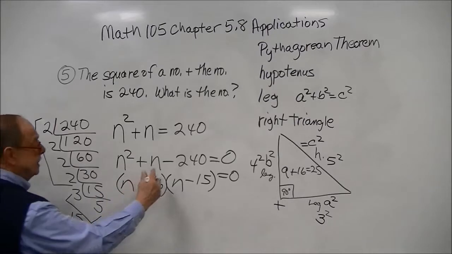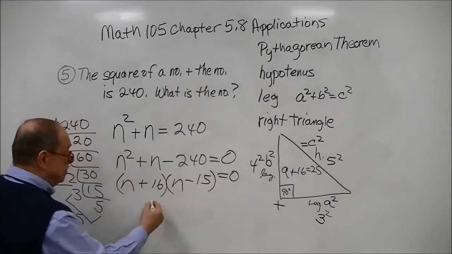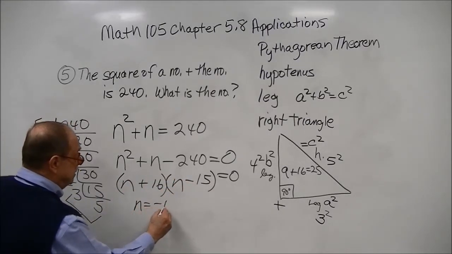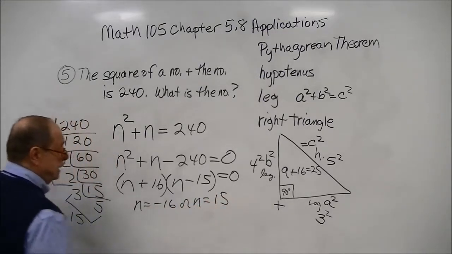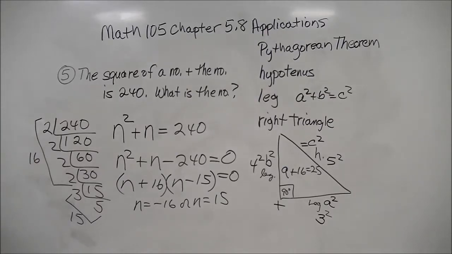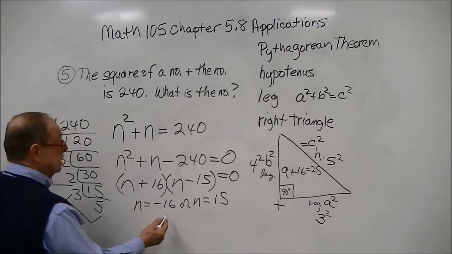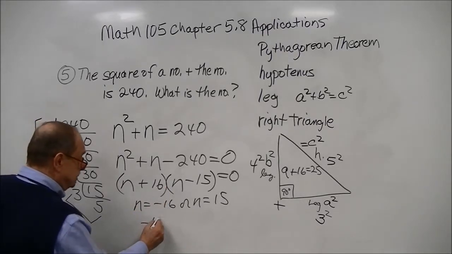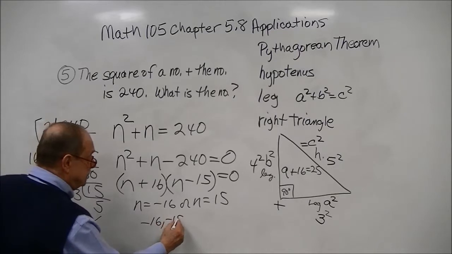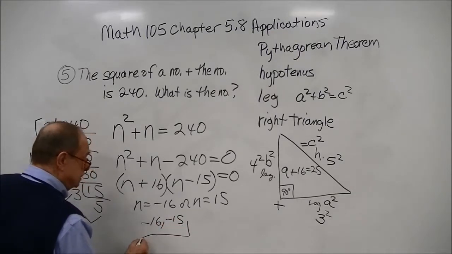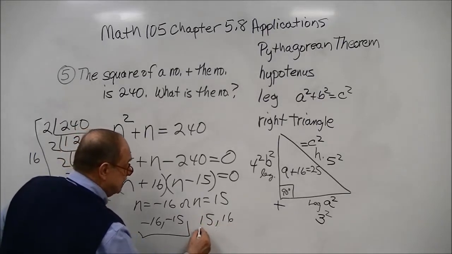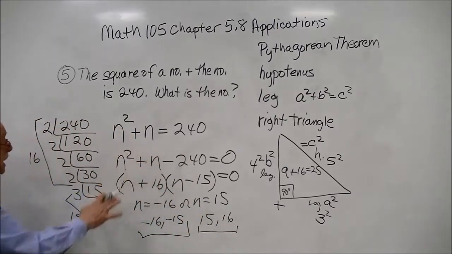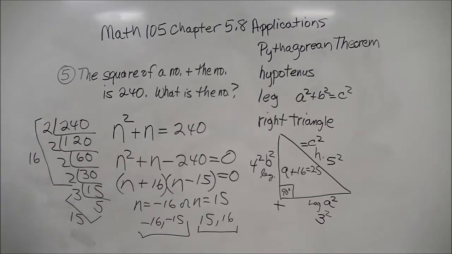And we could go through the steps of setting each of these equal to zero, but our numbers are going to be n equals negative 16 or n equals 15. So for this example, your answers are negative 16 and negative 15. That's going to be one set of answers. And then it could also be 15 and 16. So these are the answers to number 5.